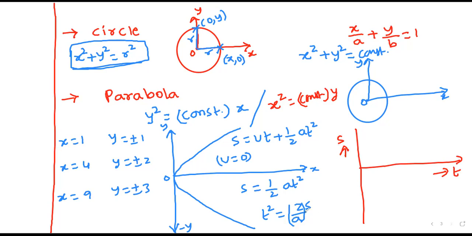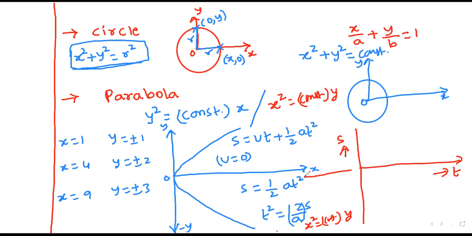We'll get t square, that is x square equal to some constant into y. Now here we'll get x square equal to 4ay.